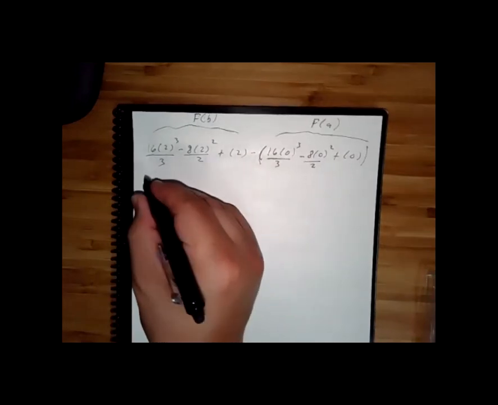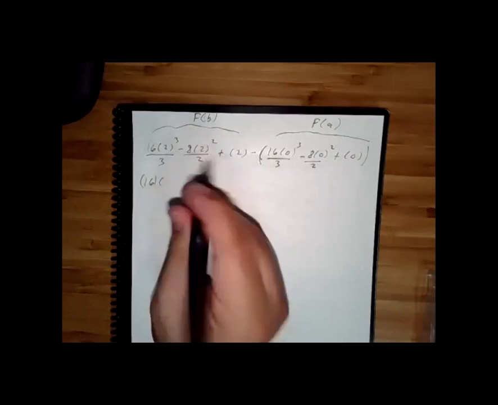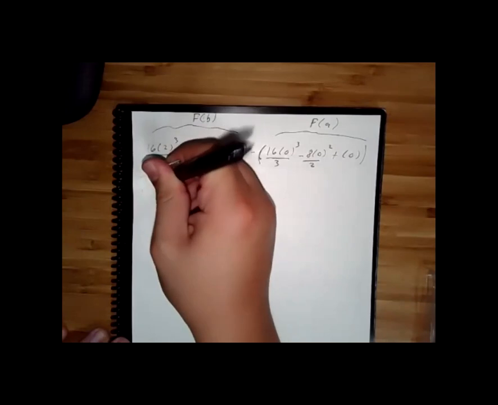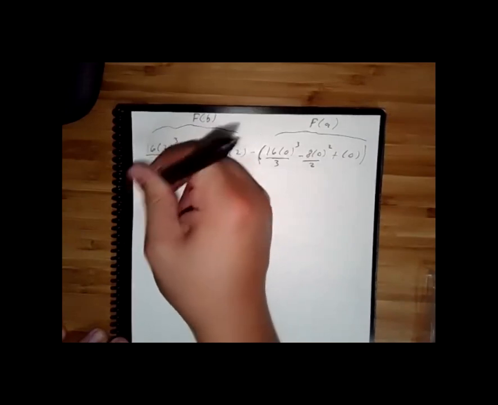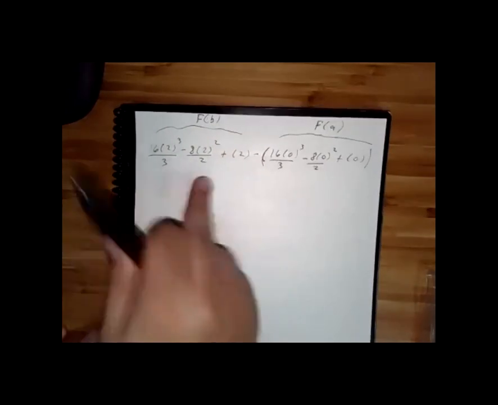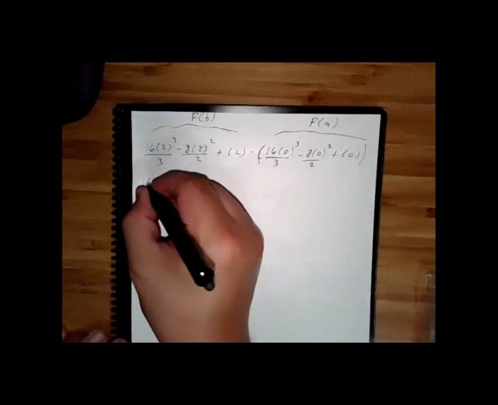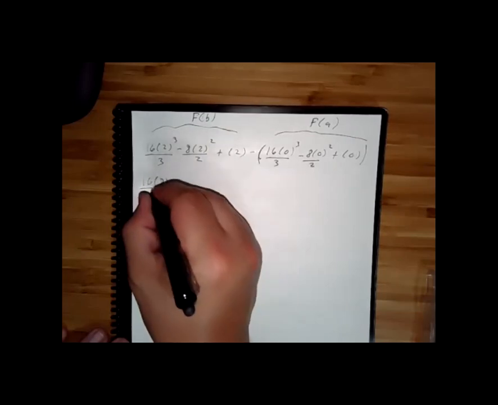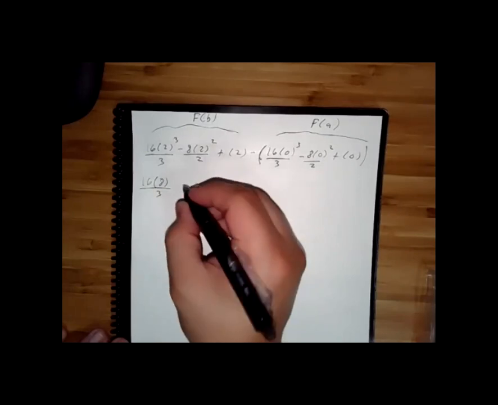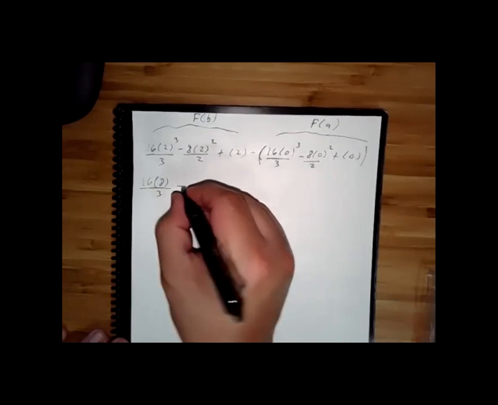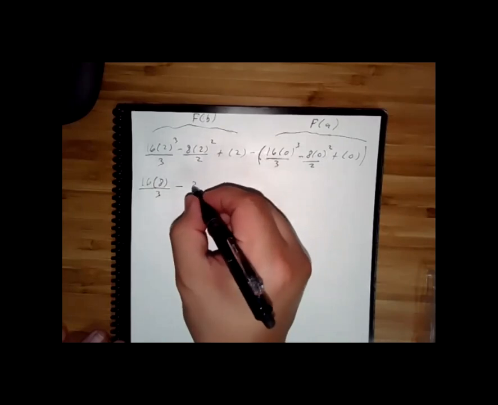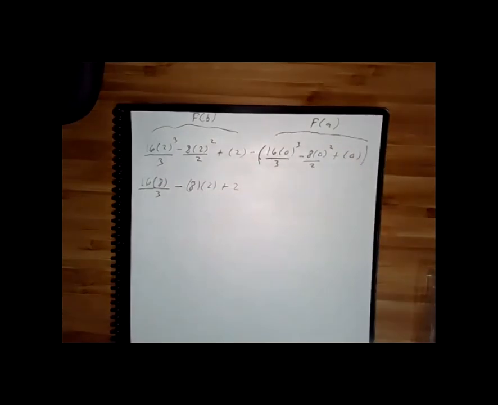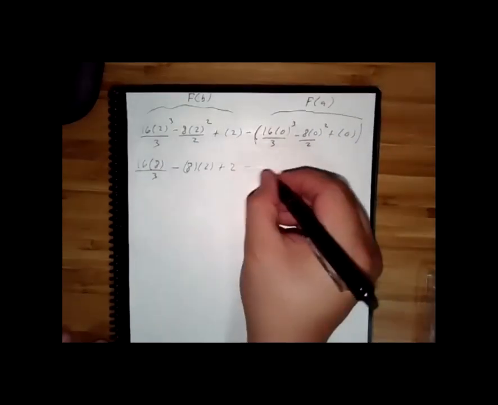So you got 16 times 2 cubed is going to be what? 8. Real tough. I can divide one of those 2's out, so that would be 128 over 3, plus 2, minus 0.